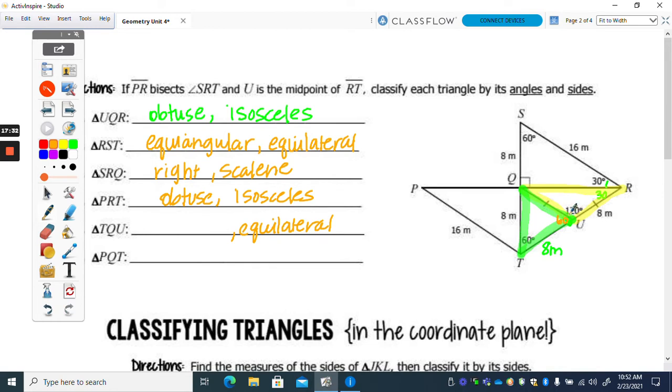And what y'all don't know yet is that if these two angles are 60, this other one is also 60 because they have to add up to be 180. And I understand y'all might know that, but our curriculum hasn't introduced that. You're not supposed to necessarily have been reminded of that yet, but I'm reminding you of that. So it is equiangular as well.